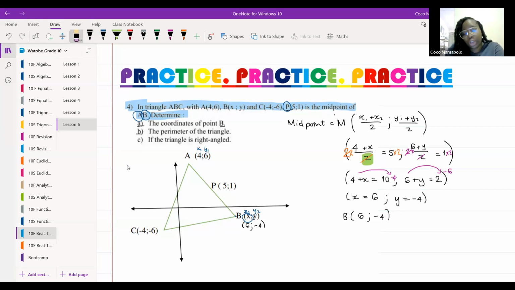What we could have used to find B is the distance formula, but the distance formula would give us an X value, and then we'd still have to take that X value and put it back into the distance formula to get a Y value, going around and around. It would have been a long process, but we can use the fact that they've given us the midpoint of A.